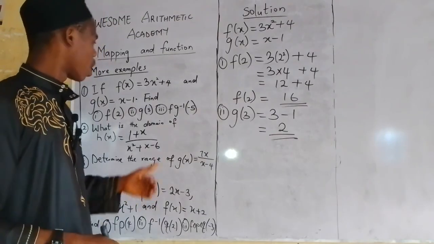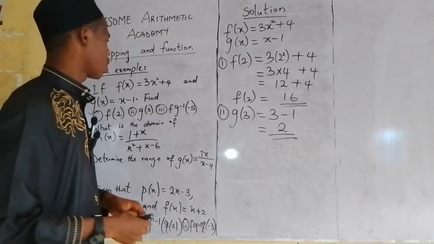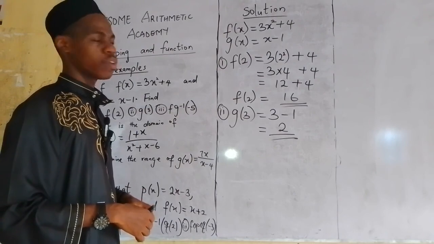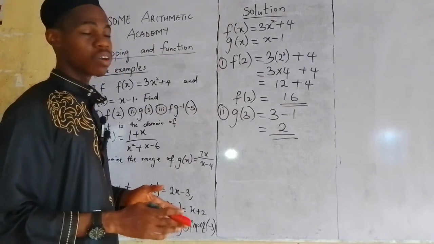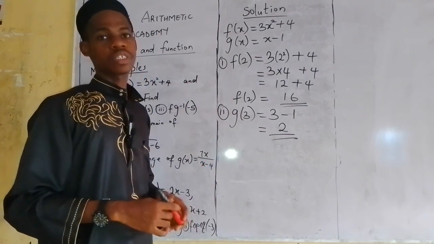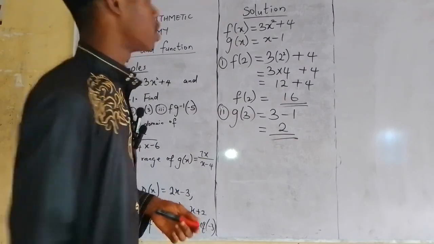Now the third question under it says we should find fg inverse of minus 5. We are working on inverse now. So I hope we've seen this. Now let's find the g inverse.